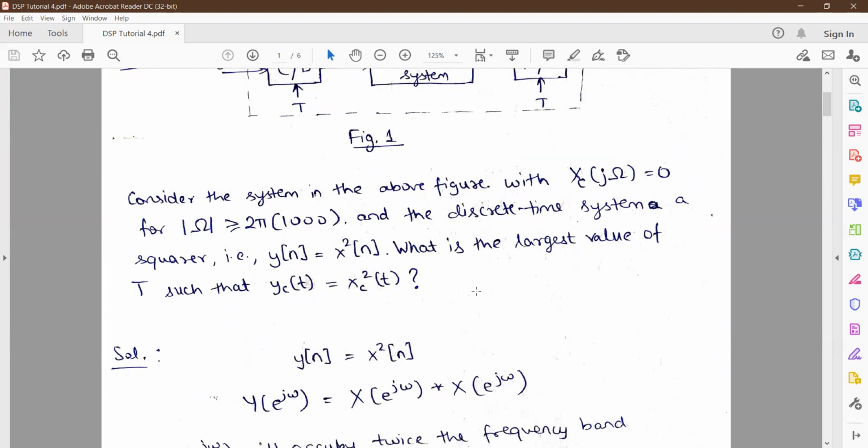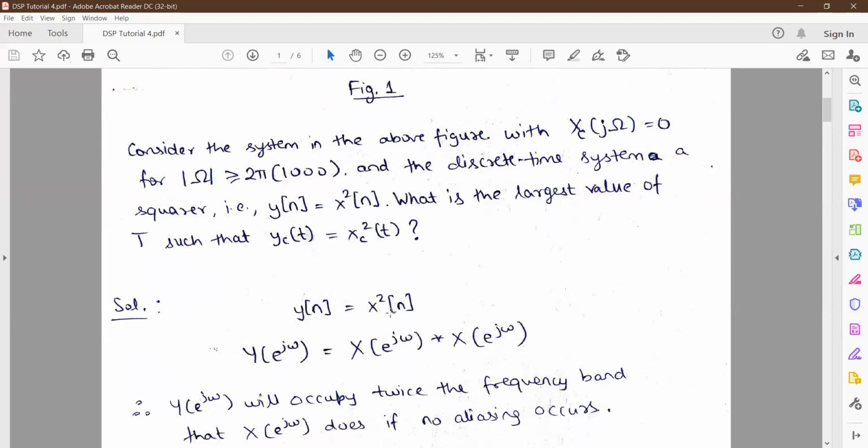Now, clearly Y(e^jω) will occupy twice the frequency band that X(e^jω) does, right?